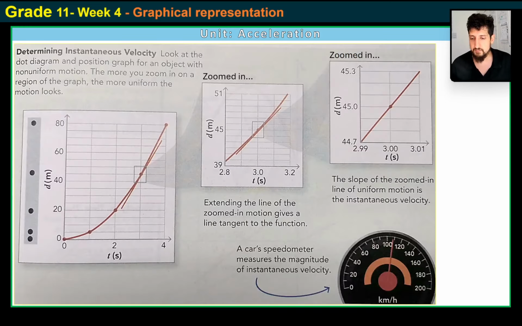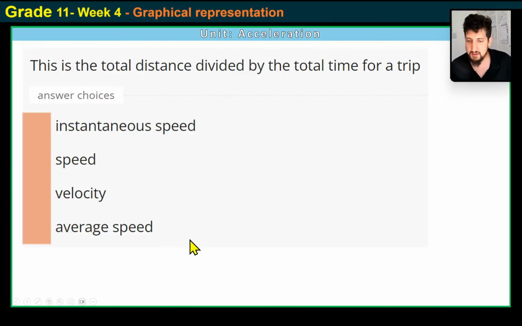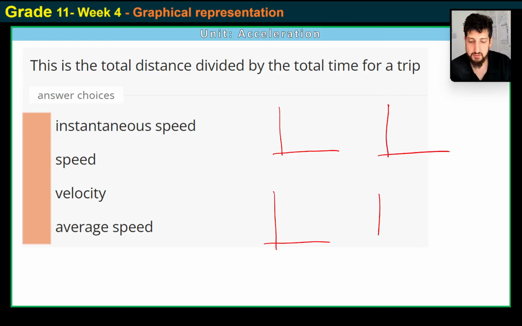Well, I'll see if I can do this. Can I get a blank screen? No, I don't think I can get a blank screen. So I'm just going to do it over here. I'm going to draw some graphs. 1, 2, 3, 4.